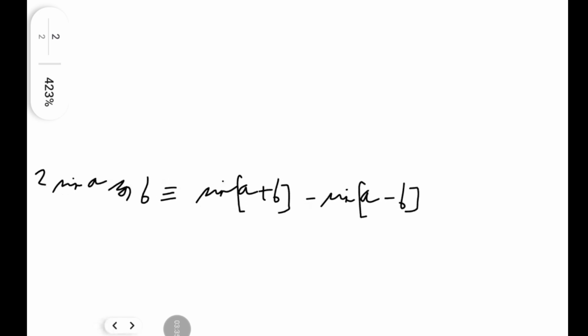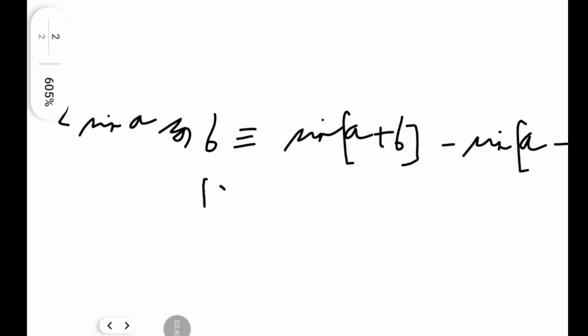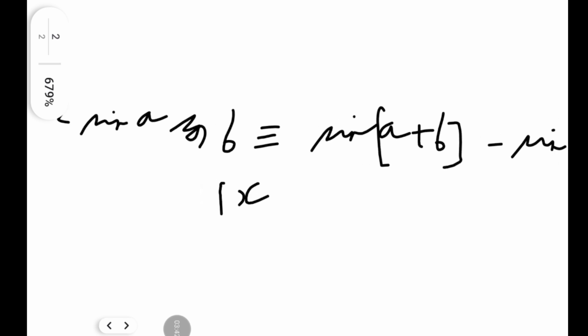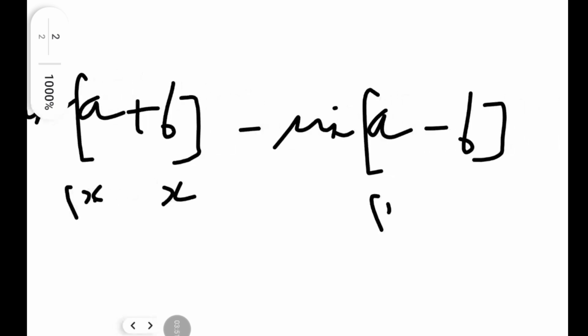Now, based on our formula here, we can put in here rx, and we can put in here x for the angles. And therefore you'll have rx plus x, and you'll have rx minus x.